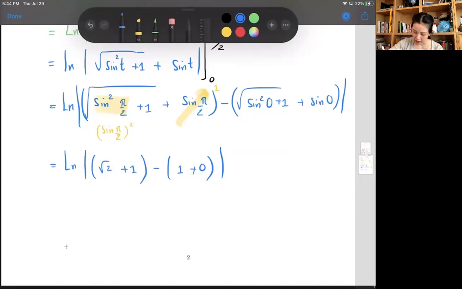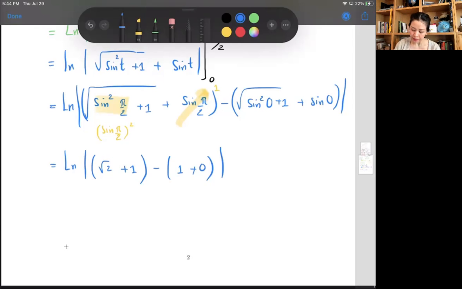I don't have enough space, but you know the deal. I'm just going to use the absolute value instead. I don't need the parentheses, so I'm just going to get rid of them. Okay, better.